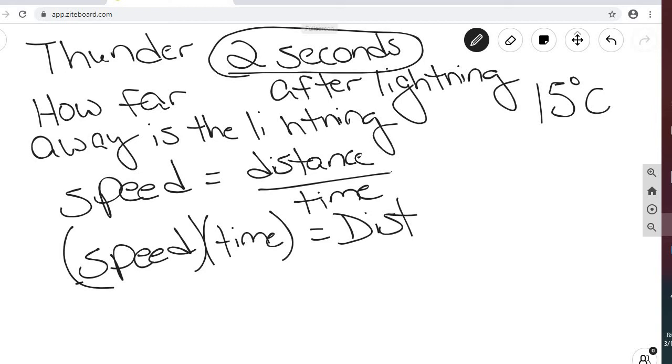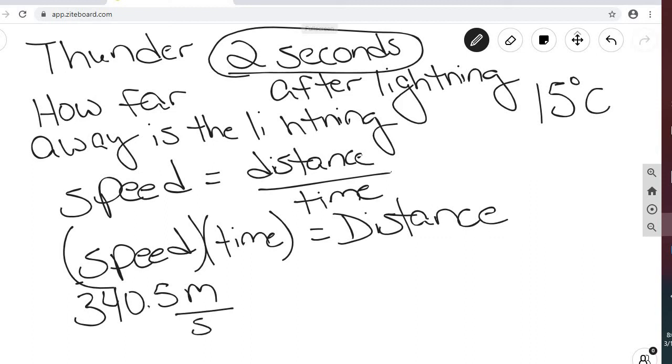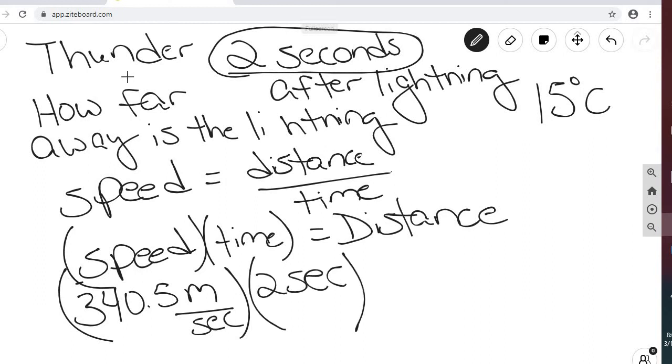Okay, so what we had calculated for speed was 340.5 meters per second, and we said that it took 2 seconds from the time we saw the lightning flash until we heard the clap of thunder. So here we have a second on the bottom and a second on the top, so those are going to cancel, and our units that we'll be left with will be just meters.